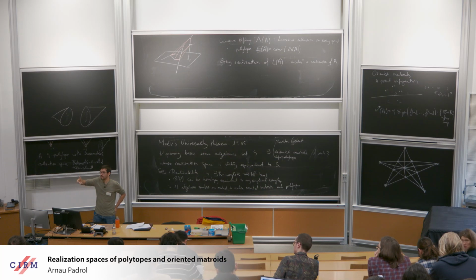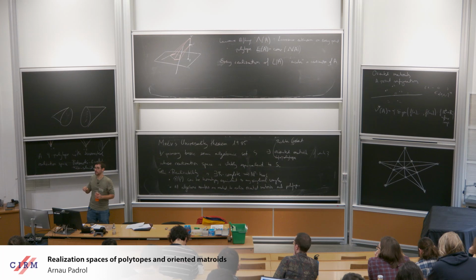You can have non-algebraic points inside your semi-algebraic set, but there is always at least one point with algebraic coordinates inside. So every polytope admits an algebraic realization. By algebraic realization, I mean a realization with all the coordinates being algebraic numbers.